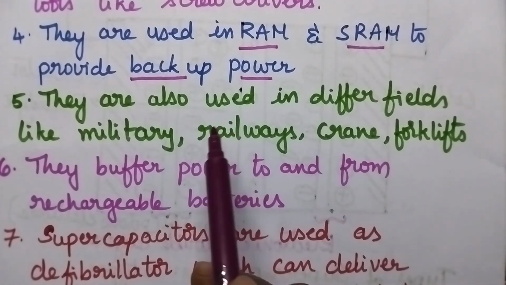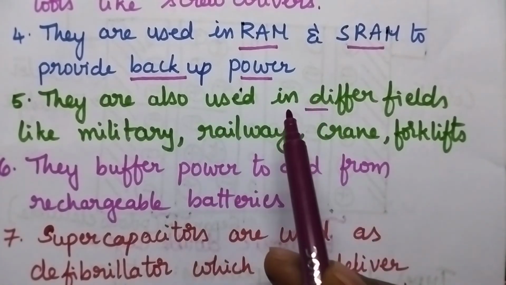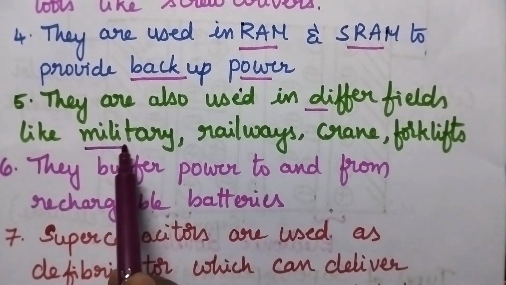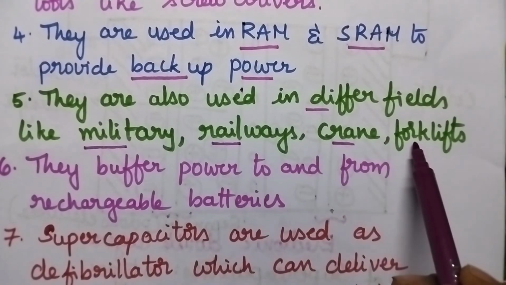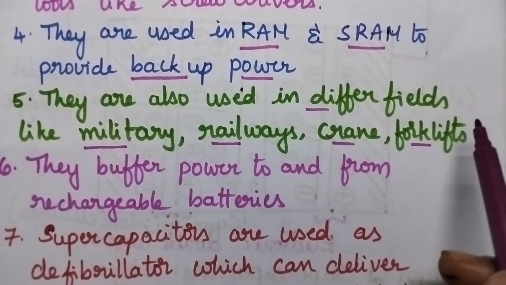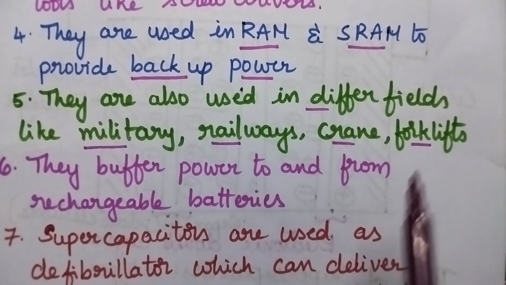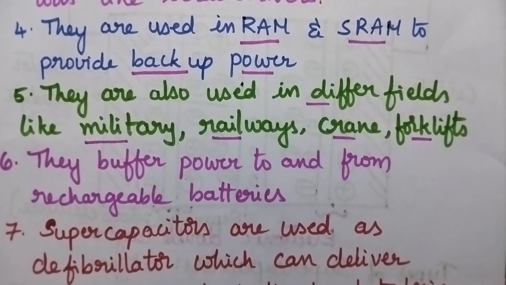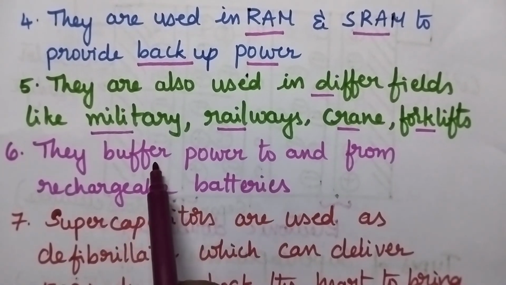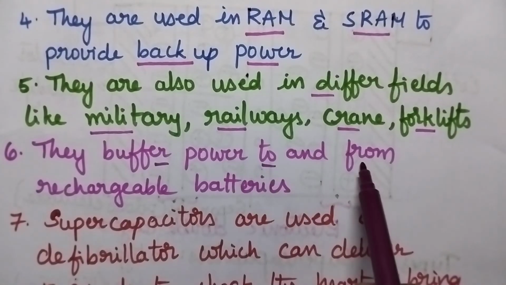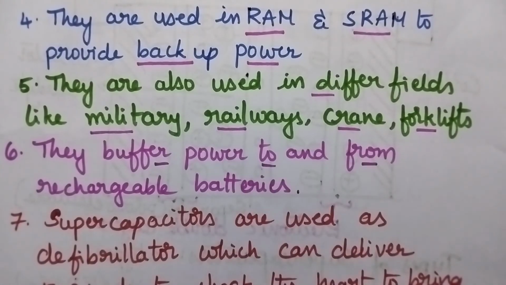They can also be used in fields like military, railway, cranes and forklifts, that means for lifting very heavy loads, and it is also possible to buffer the power from or to rechargeable batteries.